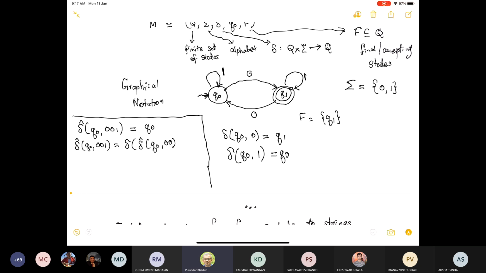So this is really the state you land up in when you process 0, 0, followed by the single transition, right? Yes, any doubts about this, what I have just written? This is just according to the definition I've just given, right?